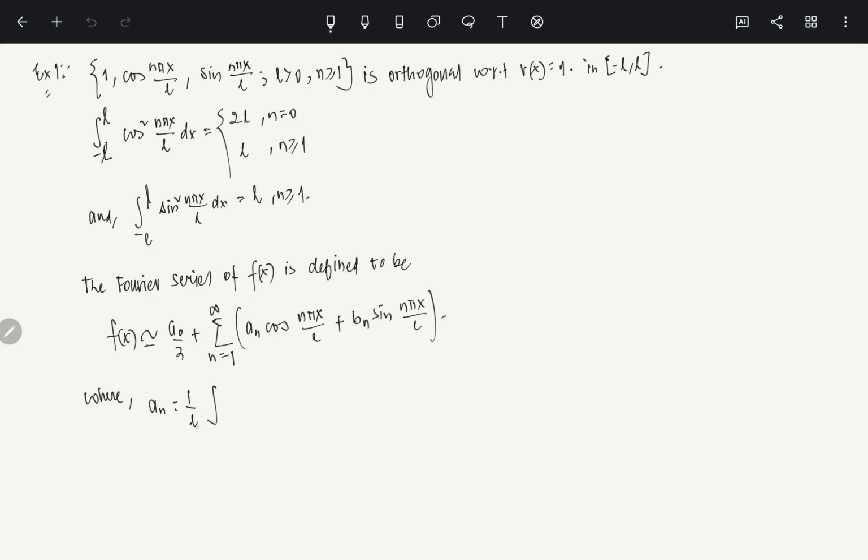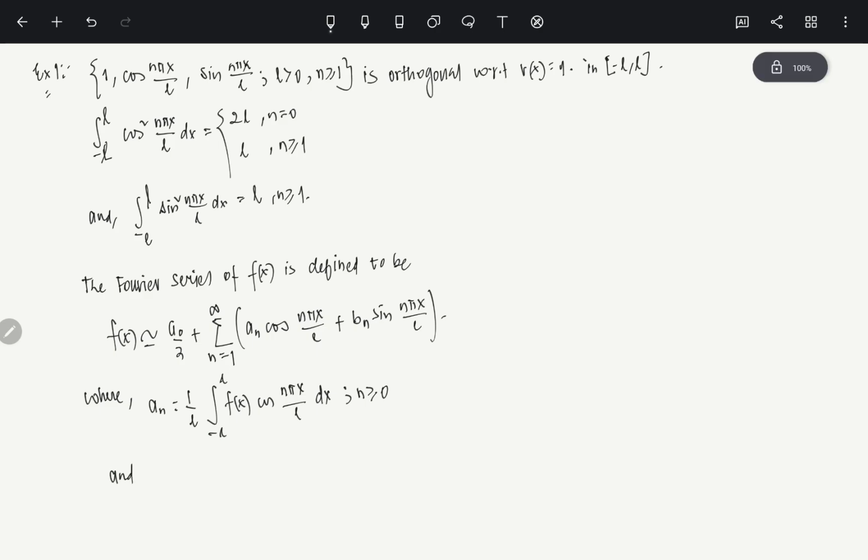It is 1 by L, the integral of f of x cosine n pi x by L dx, n greater than or equal to 0. Is it okay? Let me just once check if everything is fine. What did I write? An is 1 by L, yes, this is fine. Minus L to L.